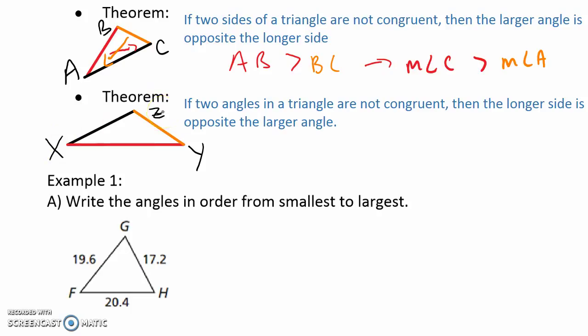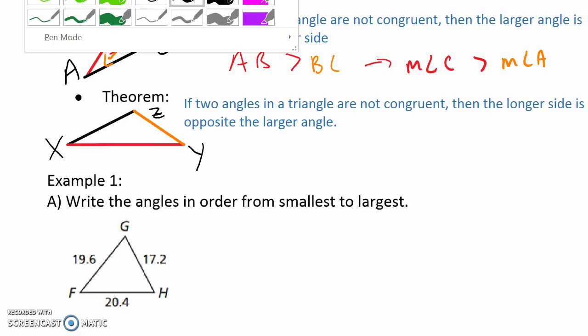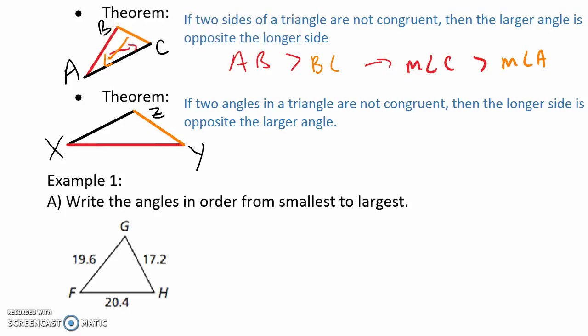We've got triangle XYZ here, and now I'm going to be given information about angles instead of sides. So, for example, if I knew that the measure of angle Z is greater than the measure of angle X, then I can conclude that the sides opposite those angles, so if you look across from angle Z is the side XY, and across from angle X is the side ZY, right?